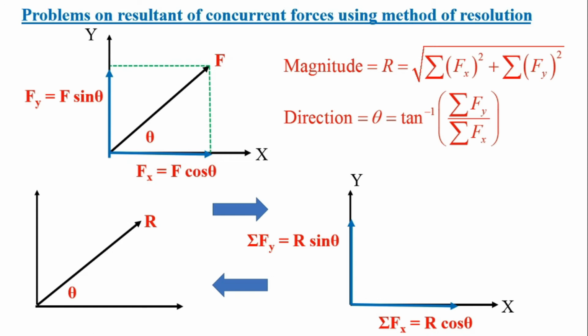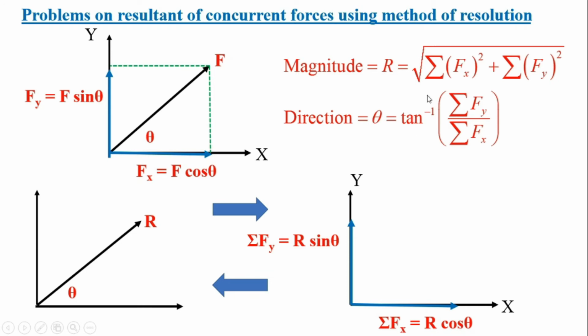Okay. And as explained in the previous lecture, the resultant of concurrent forces can be determined in magnitude and direction using these two equations. First, magnitude R is equal to under root of summation Fx square plus summation Fy square, and direction theta is equal to tan inverse of summation Fy upon summation Fx.